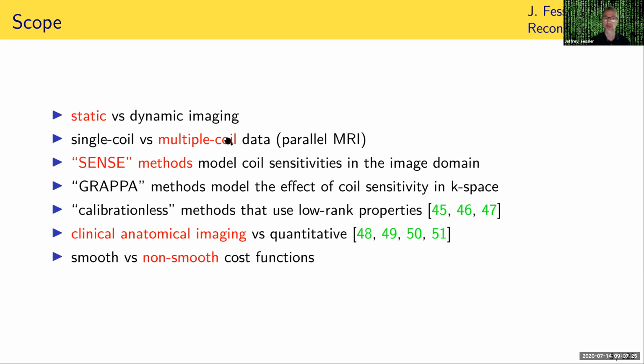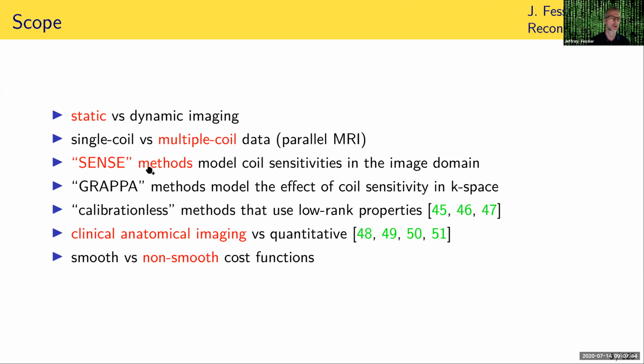I'm going to focus on multiple coil or parallel MRI data as opposed to single coil, because that's what all the vendors use today. And I would argue that any submitted papers that consider single coil MRI are not very interesting. Anybody who's going to do advanced reconstruction methods is going to be doing it with multi-coil data. So that will be my focus.